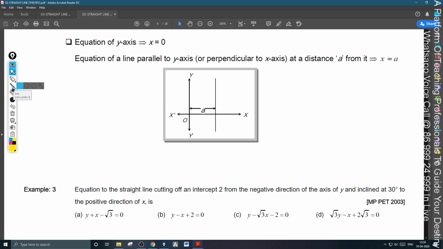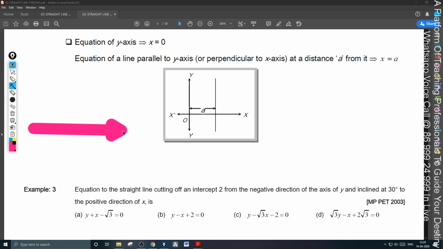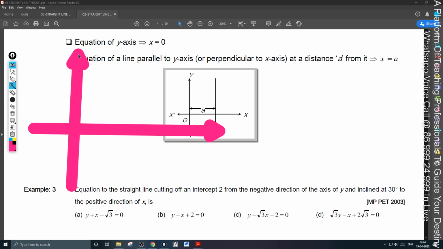Okay. See here. X-axis. Y-axis. Now what is that given?